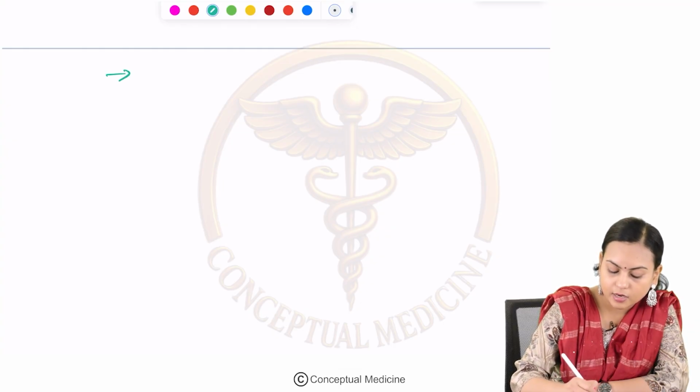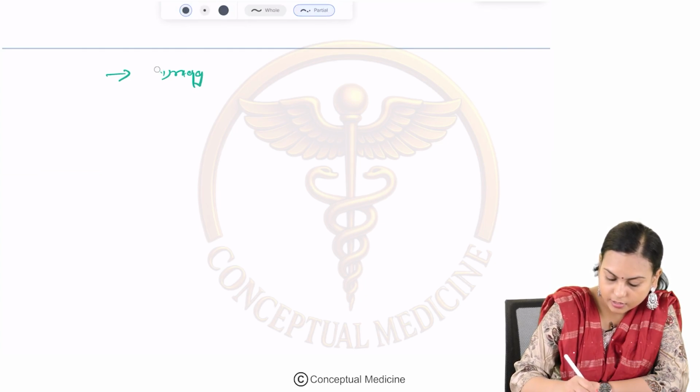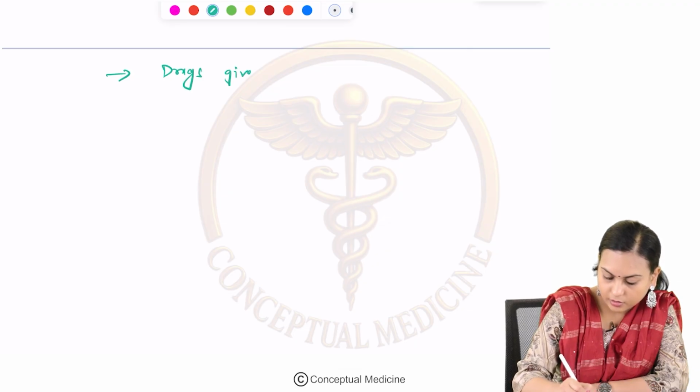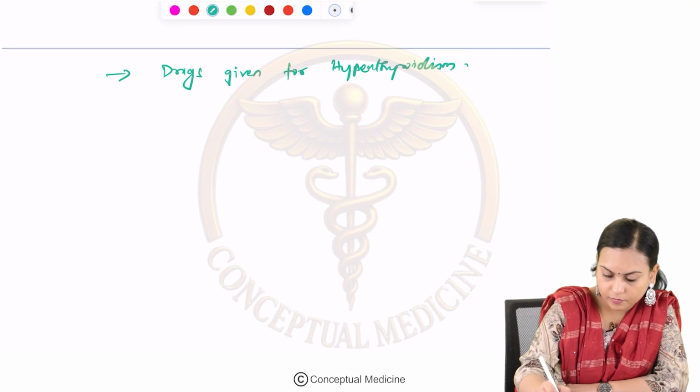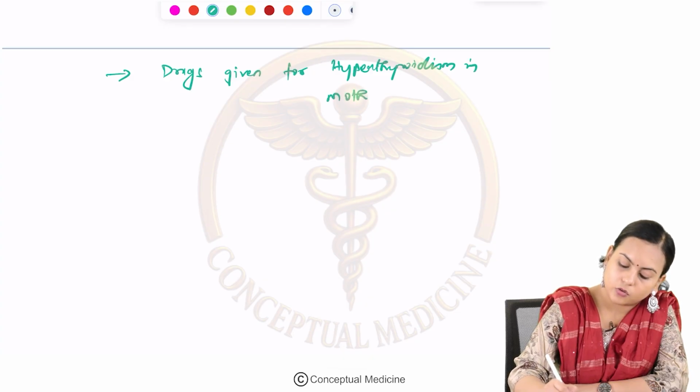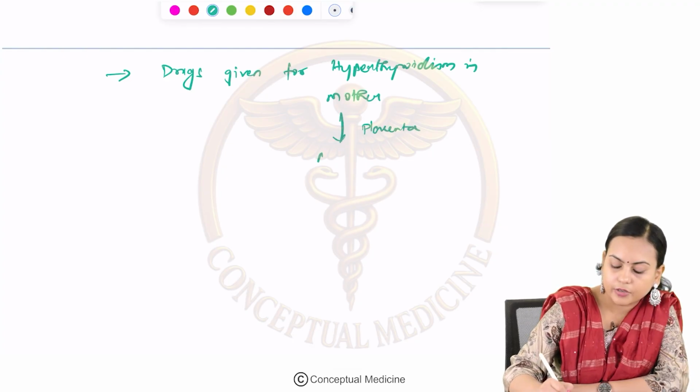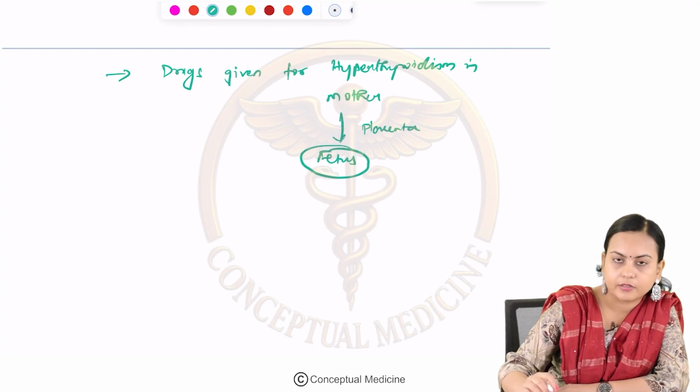And then the drugs given to treat hyperthyroidism in mother are going to cross via the placenta and it is going to affect the fetus.